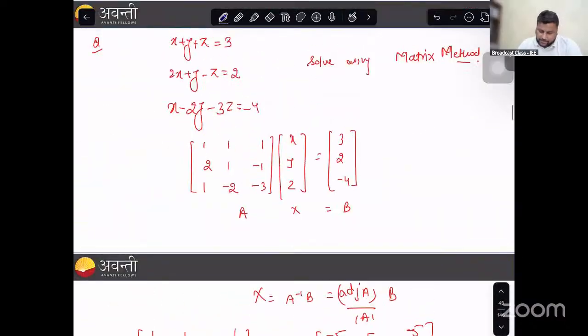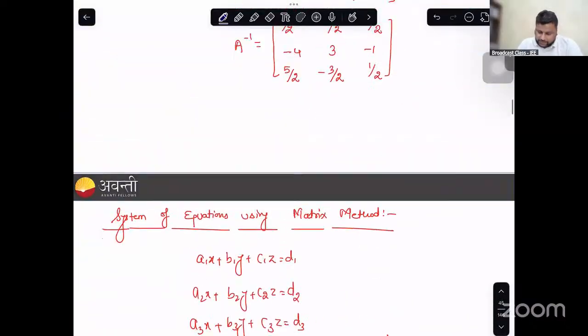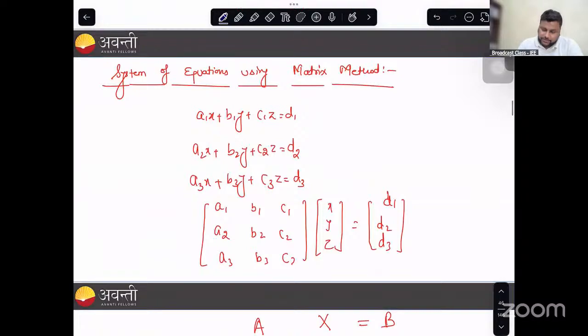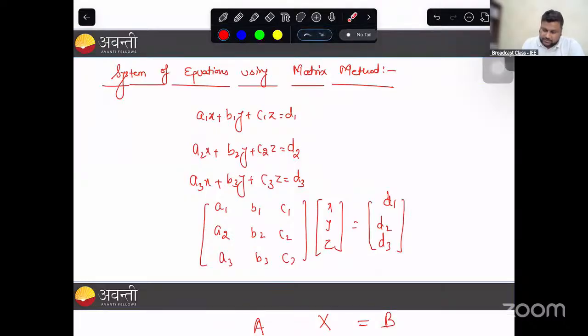Should I revise it? See, I will revise for three equations. A1x plus B1y plus C1z equals D1.